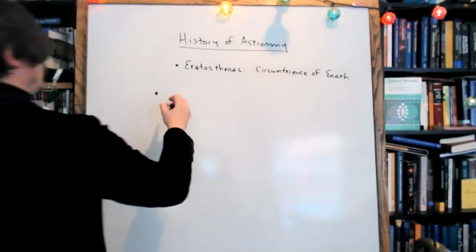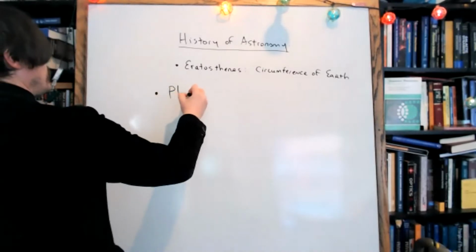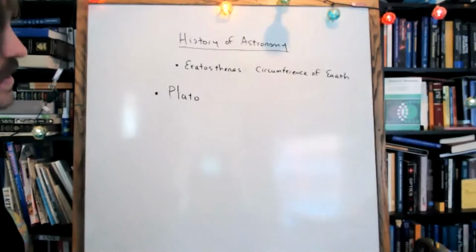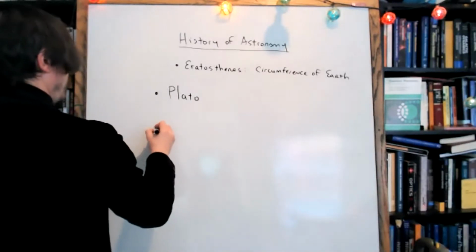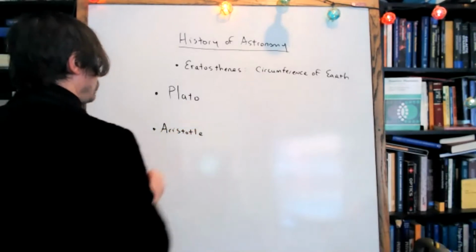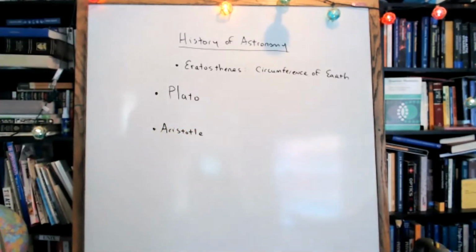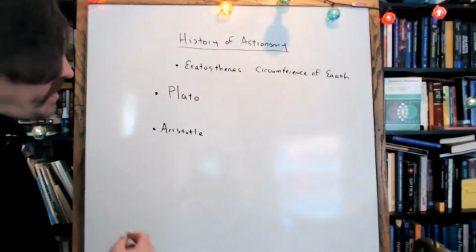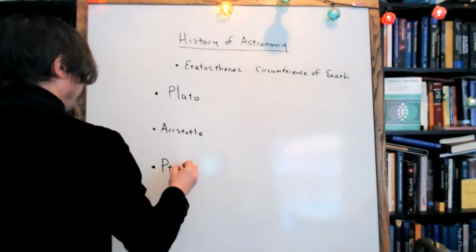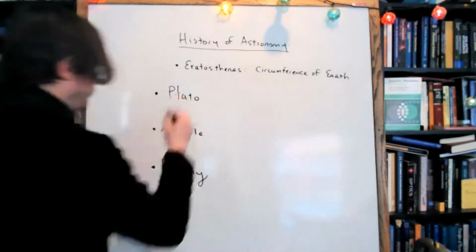We also are going to study Plato, perhaps the most famous of the Greek philosophers. We will study Aristotle, and we will study an Arabic Greek astronomer and mathematician known as Ptolemy.